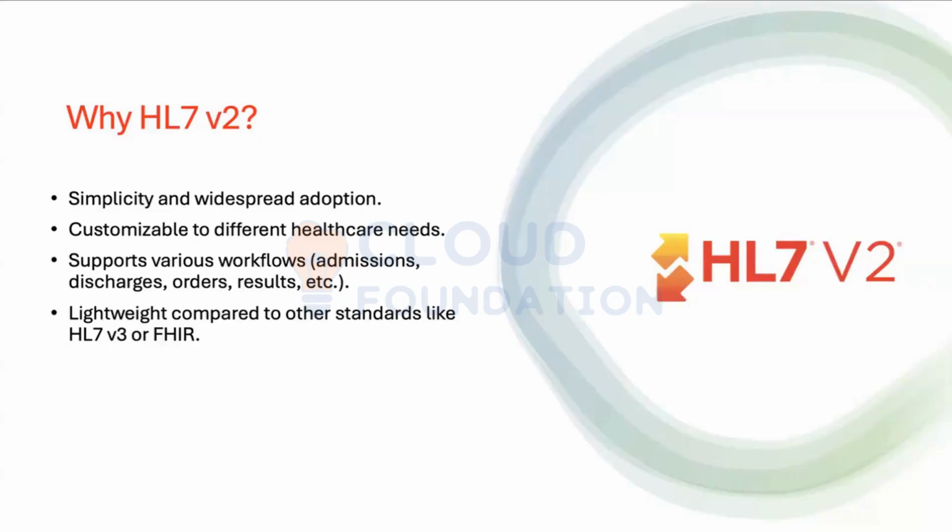HL7 V2 messages do not have security for their data. But in FHIR, we have a protocol which deals with the security aspect of medical data. That is the main reason, the security aspect, and also FHIR is more human readable.